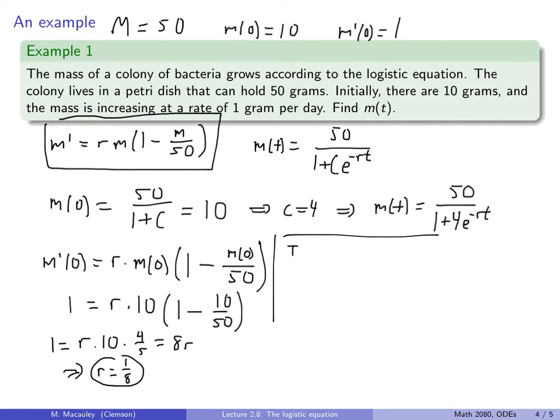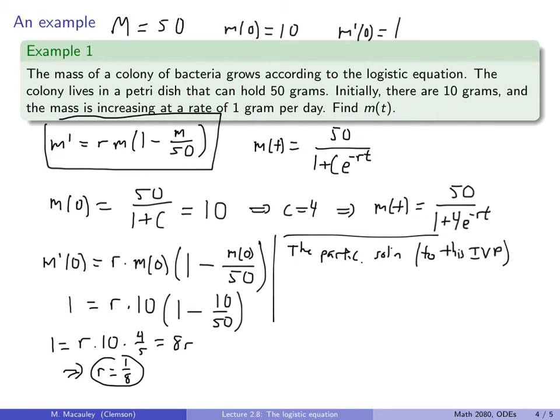So now the particular solution. When I say particular solution, I'm always referencing something to this initial value problem. Some people just say solution. I like saying particular.